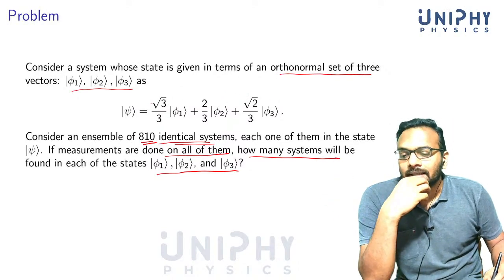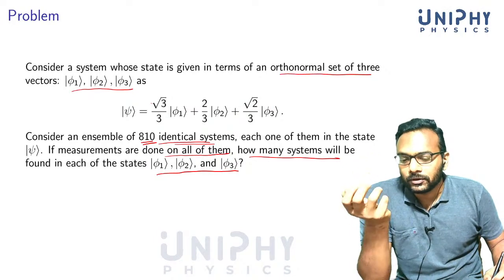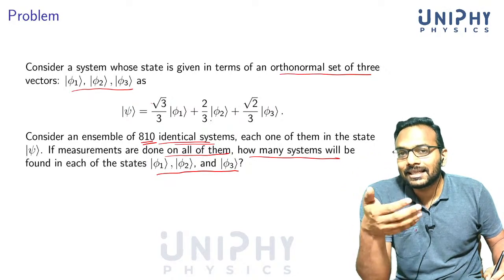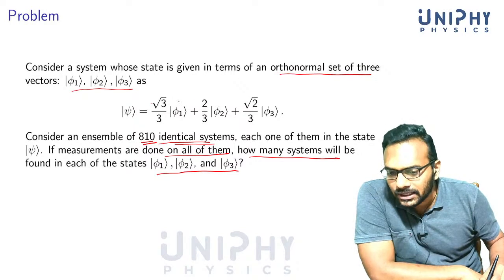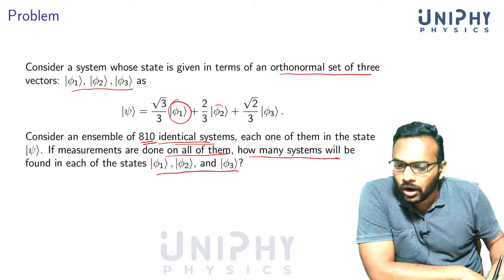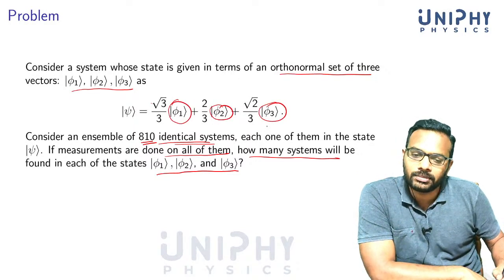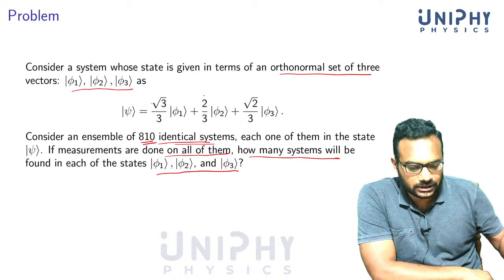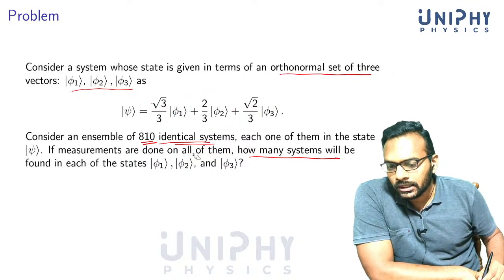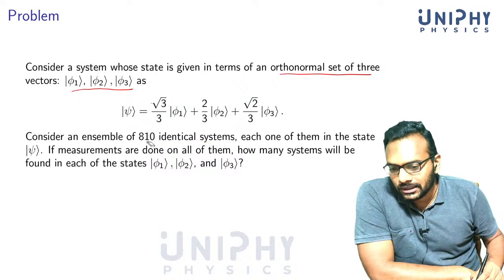So if you do this for 810 identical systems, how many would be left in phi 1, how many would be left in phi 2, and how many would be left in phi 3? That's the question.